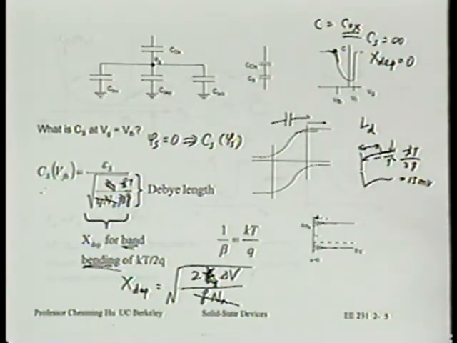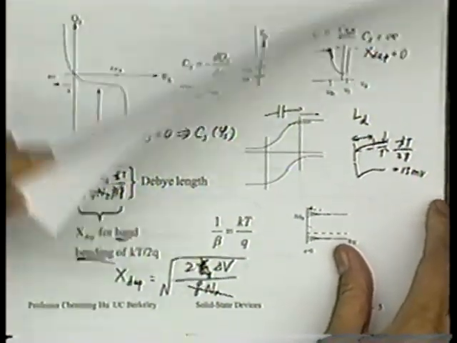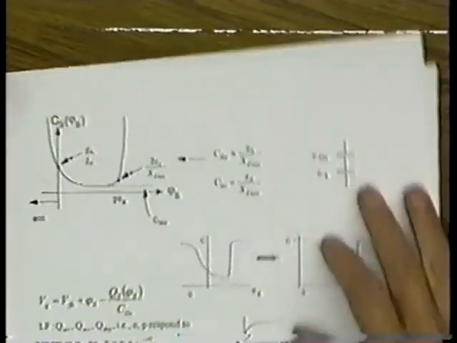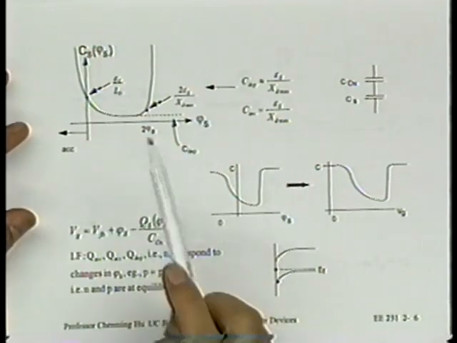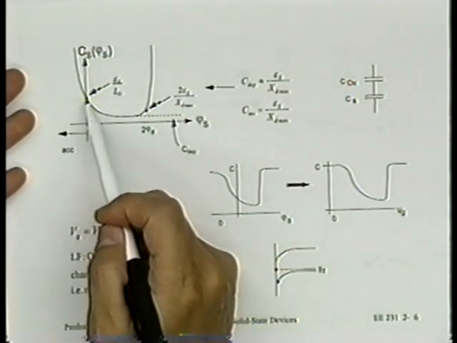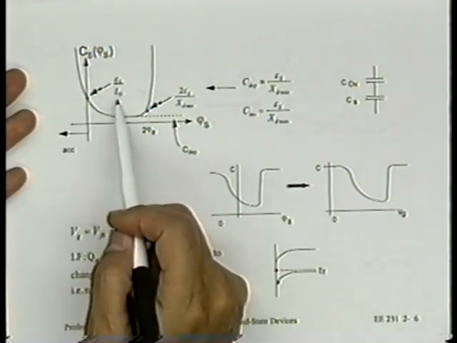So those are two examples of how to use this new capacitance model. Now, the important things to remember in general: it's very easy to know that at phi s equal to 0, CS is epsilon s over LD.